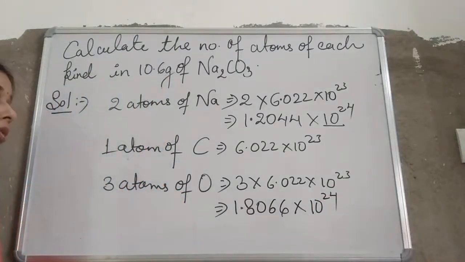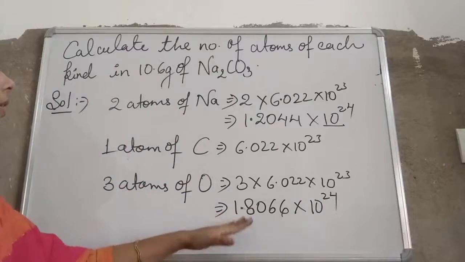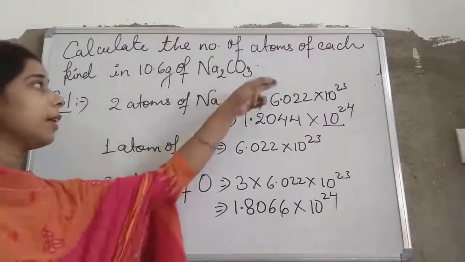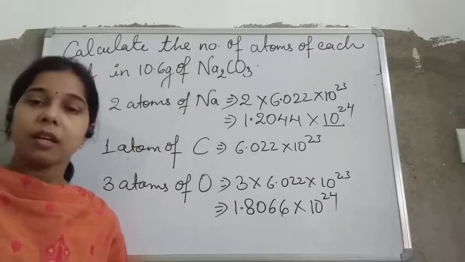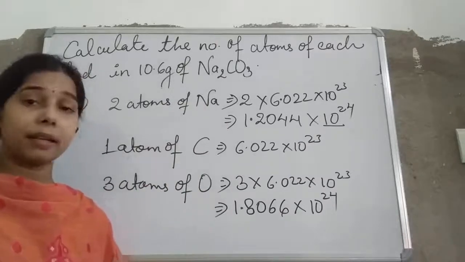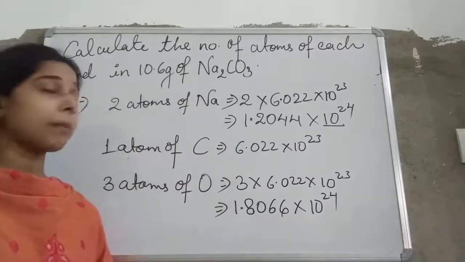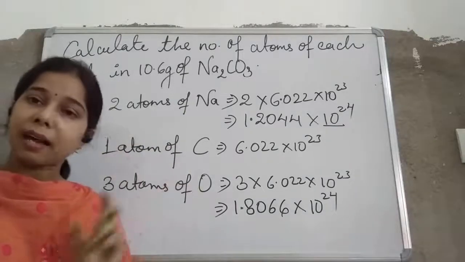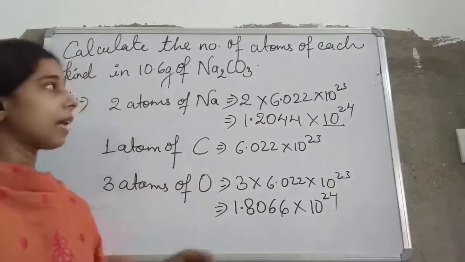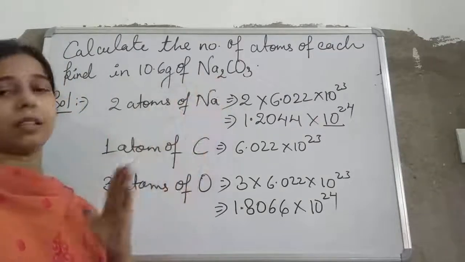Okay, students. At first we found the number of particles present in Na2CO3, that is sodium carbonate. After that we had to find the atoms of each kind present in this formula.